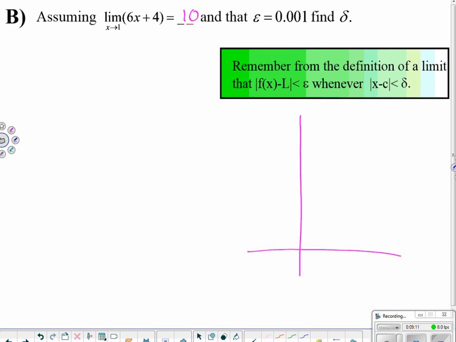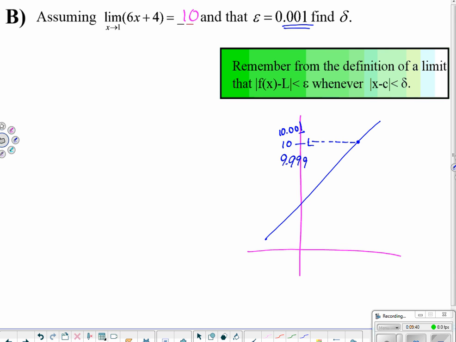Let me put this back on. Let's draw that linear function. And here is 10, which is really our limit. I want to be 0.001 from that. So that means I could be at a height of 10.001 or 9.999 if I subtracted the 0.001.